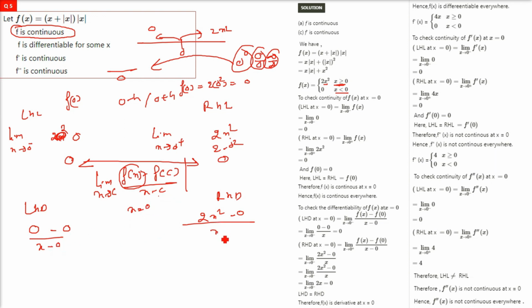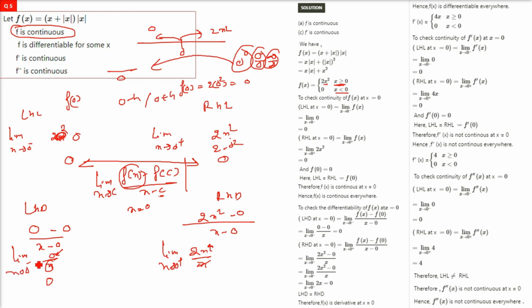So x minus 0 here. So eventually what do we get? 0 minus 0 is 0, 0 by x, so it is going to be 0. This is 0 on the left. And then when we apply this one, 2x square by x, x gets cancelled, apply x as 0, so 2 into 0 is going to be 0.